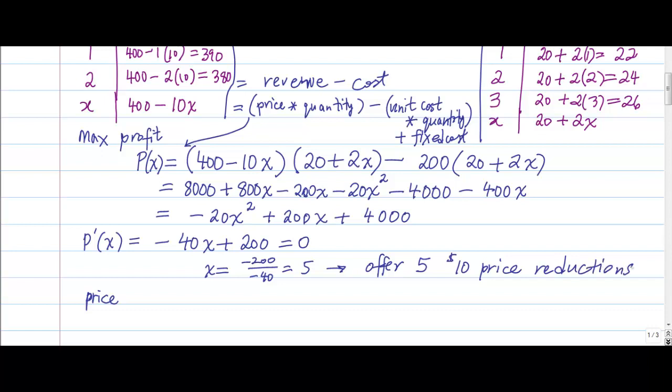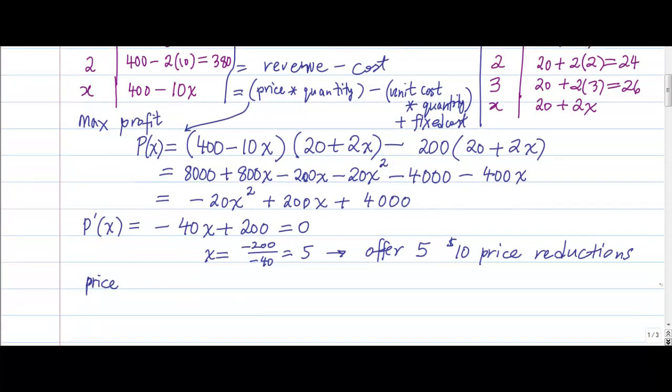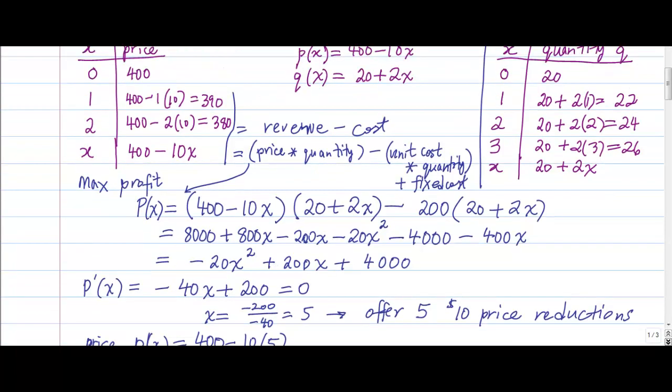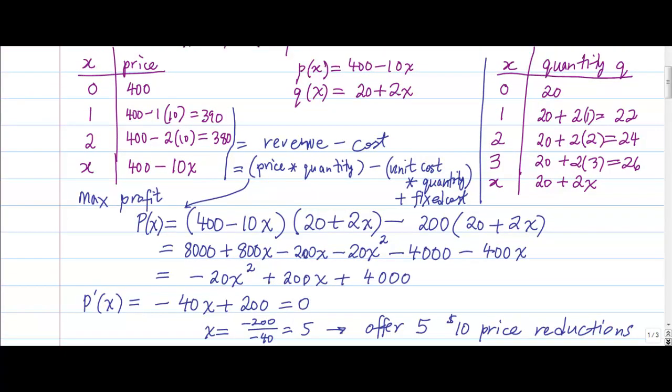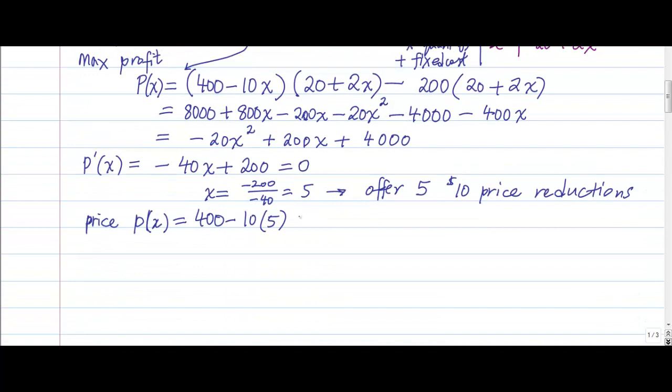Okay, so let's plug this into the price function. She started off selling each bike at 400, and then she's going to offer 5 $10 price reductions. This is coming from up here, which is 400 minus 10x at the top. And so that is going to be $350 per bike.